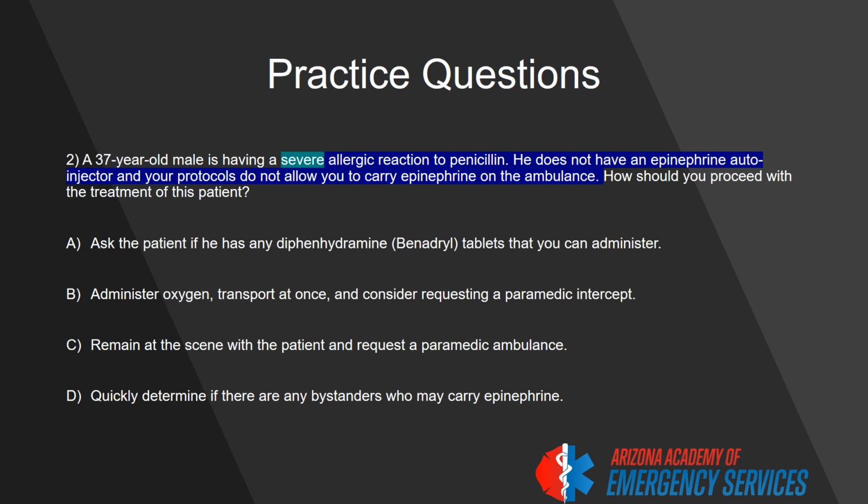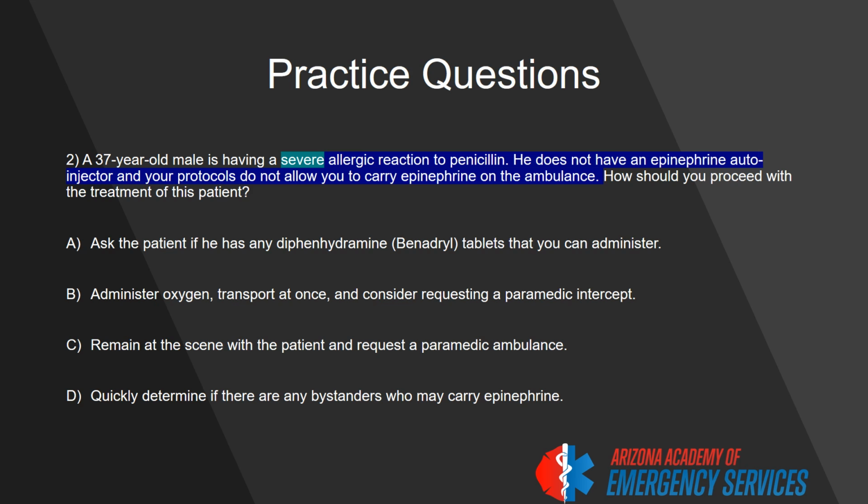So it's key to understand that the keywords here, severe allergic reaction, it's interesting that they chose to describe this as not only an allergic reaction, but they chose to describe it as severe. And of course, most likely, our mindset is going to go to that the severe allergic reaction is most likely consistent with anaphylaxis, which is of course an immediate life threat, and we have to treat it appropriately.